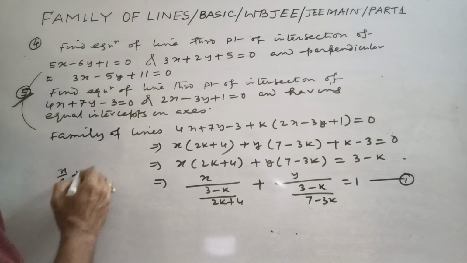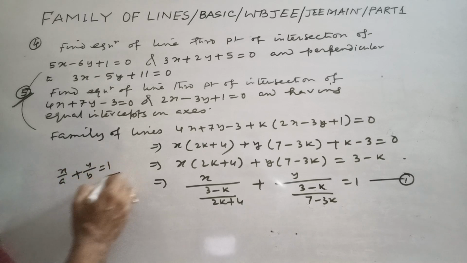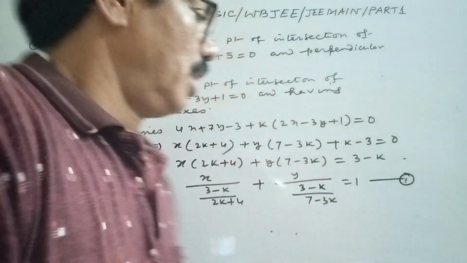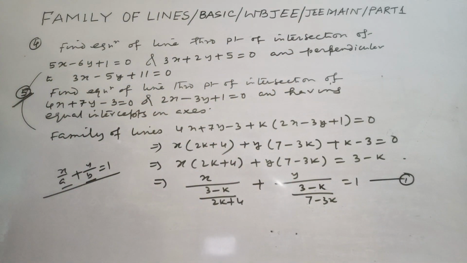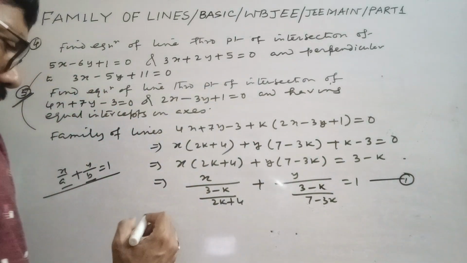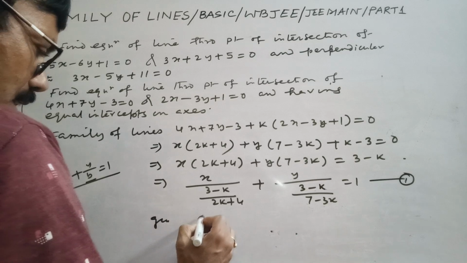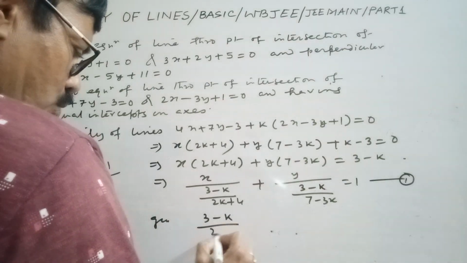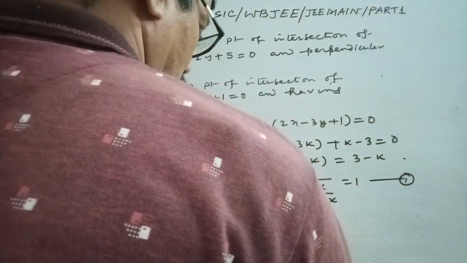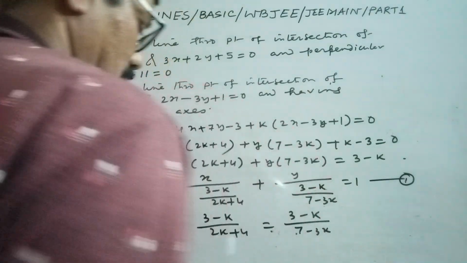Now what is intercept form? X by a, y by b equals 1. X intercept a, y intercept b. Now what is our condition? Here one condition is given, intercepts are equal. So 3 minus k by 2k plus 4 equals 3 minus k by 7 minus 3k.